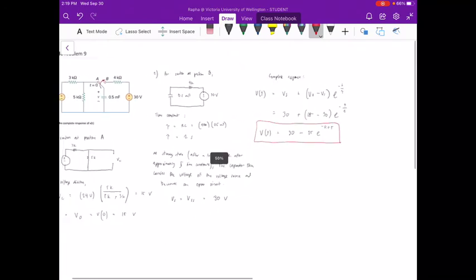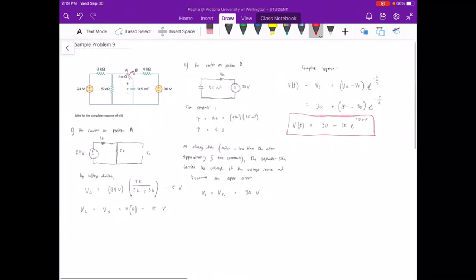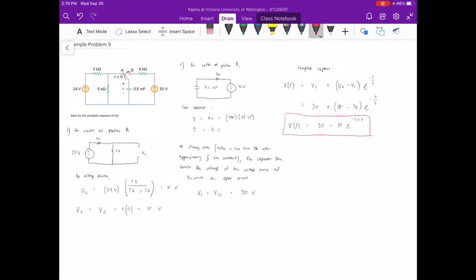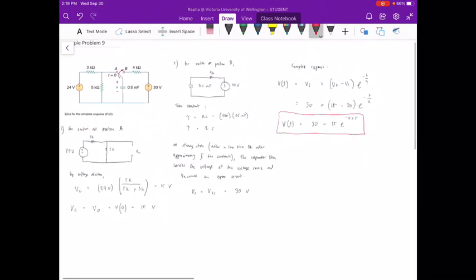So basically you're just substituting the values in the equation, and you will just leave the variable time t in the final answer unless the problem specifies to calculate the value of voltage at a particular time.